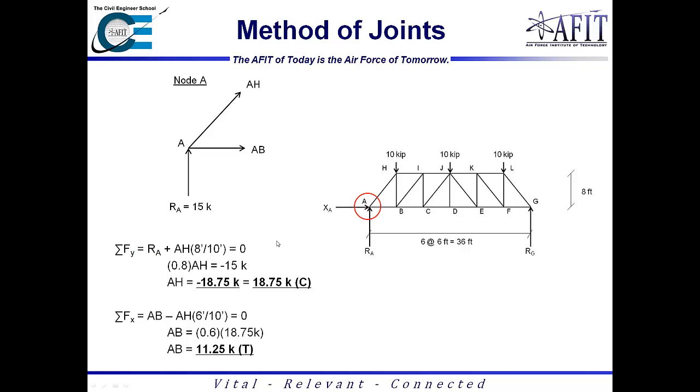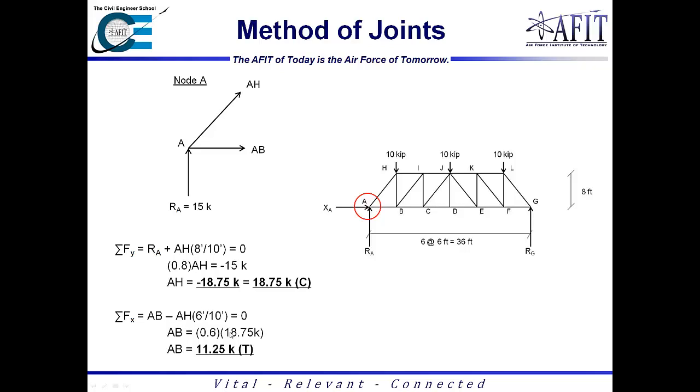So solving for AB, we only have two forces in the x direction. We have the x component of AH, and we also have AB. So now we can go ahead and say AB is positive, and we go ahead and mark AH as negative since we just realized it was in compression. Similarly, you could also say AH is positive as well, and then when you actually insert the force, indicate it's negative.